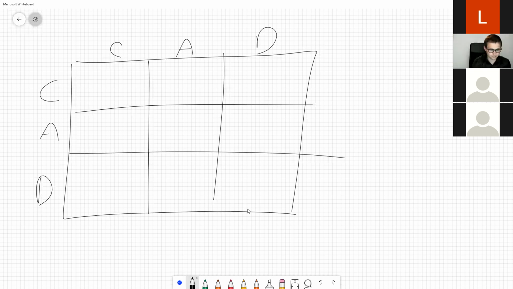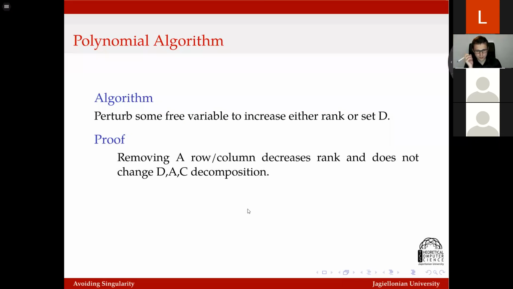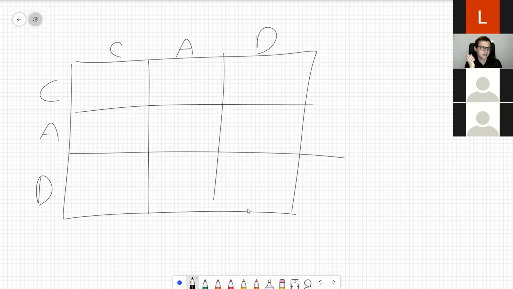Okay, so this is the decomposition of our matrix, and the first observation is that those A rows and columns are not important. It can happen that you have them in your matrix, but if you remove one of them, the decomposition does not change.